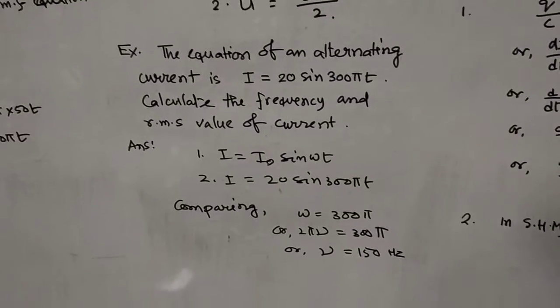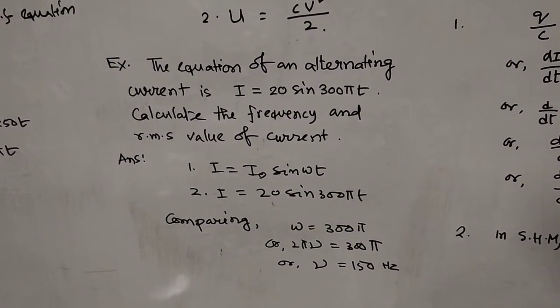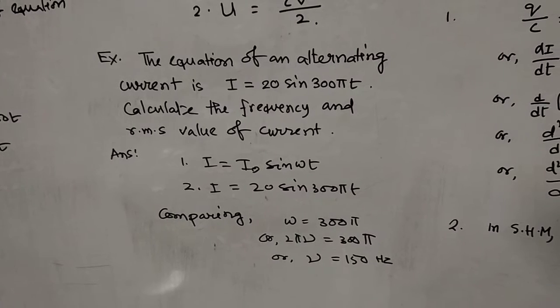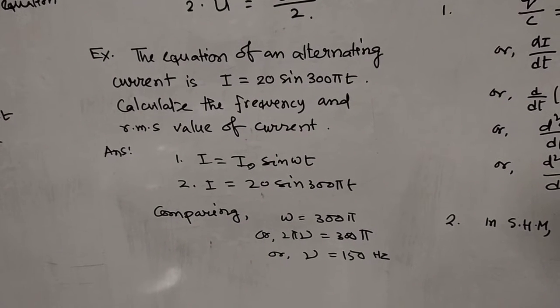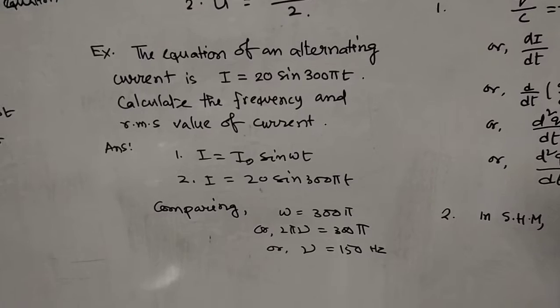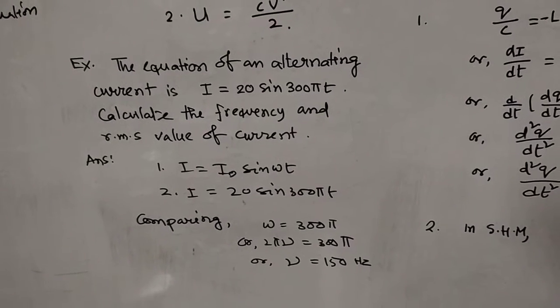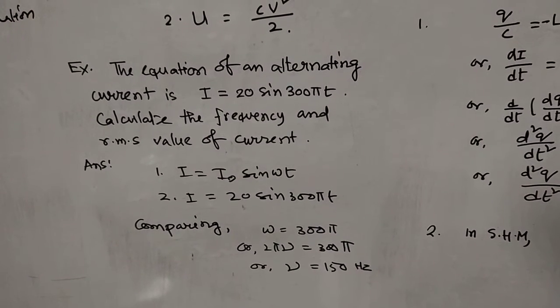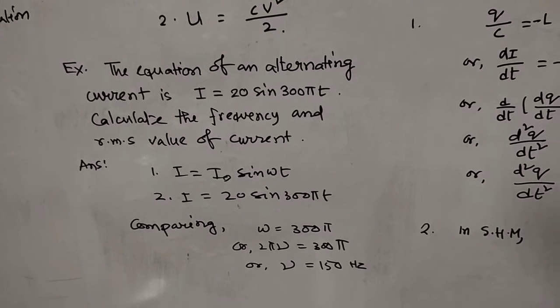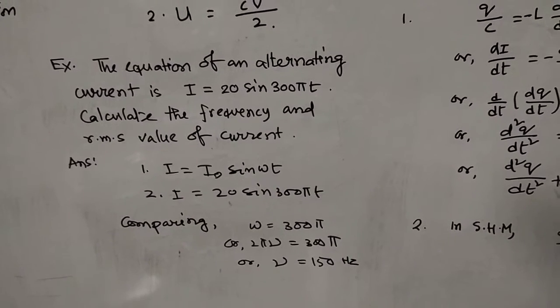Now let me go for a few numericals. Number one: the equation of an alternating current is I equal to 20 sine 300 pi t. Calculate the frequency and RMS value of current. Already we know I equal to I naught sine omega t in case of a resistor when an AC source is connected.